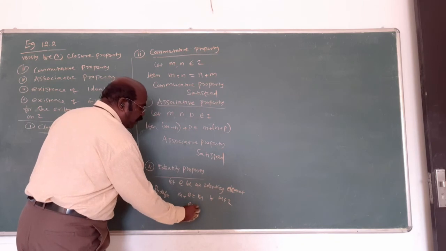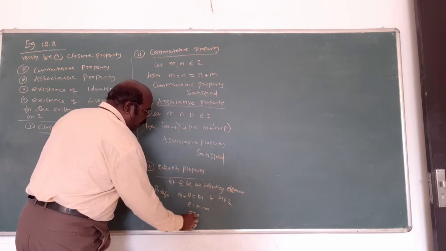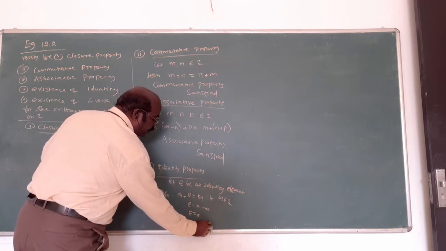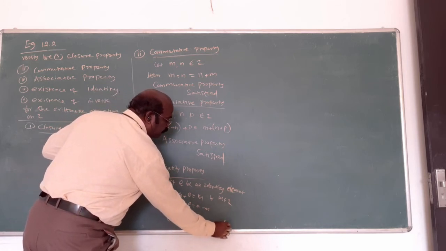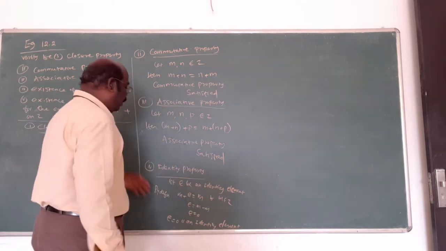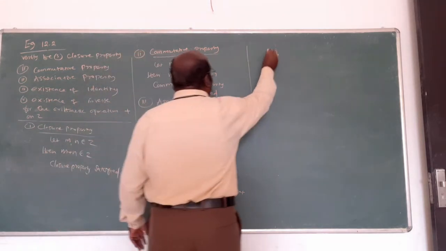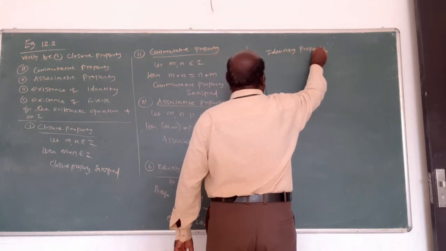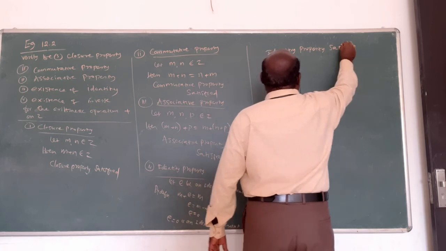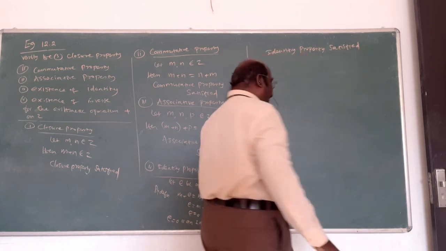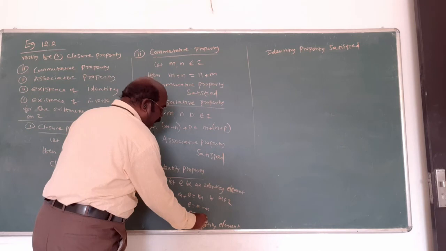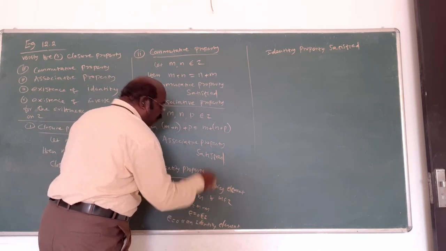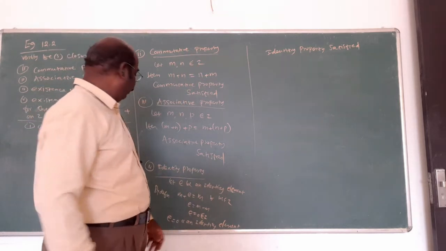Now we want E, m minus m, that is 0. Therefore, E equal to 0 is an identity element. Therefore, identity property satisfied because 0 belongs to Z. You will find the identity element, that also belongs to Z, then only it is satisfied, otherwise not true.